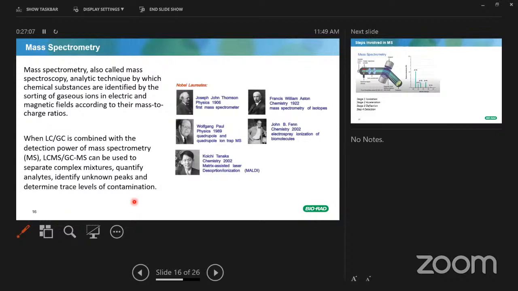Now, when GC or LC is combined with mass spectroscopy, it can not only separate compounds with the help of GC, but also quantify, analyze, and identify unknown peaks. This is important because sometimes there are unknown peaks, and you need to elucidate their structure.